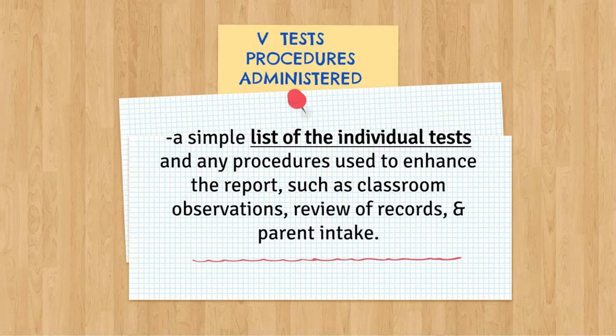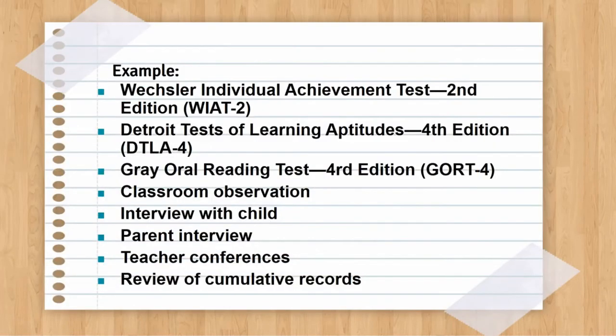No further explanation is required here other than a list. This section will vary depending upon the professional doing the evaluation. For example, the educational evaluator's list of tests and procedures administered may look like this.